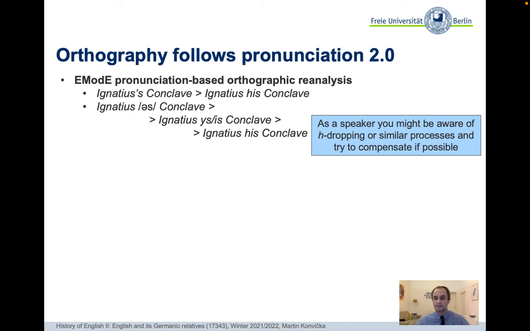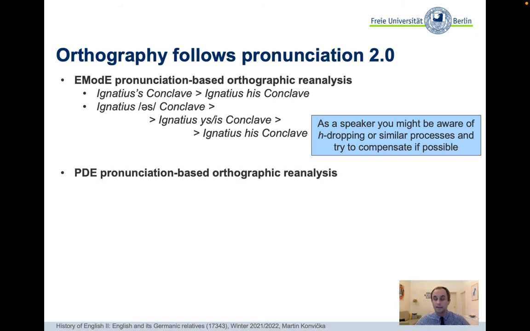Right, so as a speaker of early modern English, you might be aware of the fact that sometimes the H is not pronounced but written, and you try to compensate for that. So you know that sometimes you are supposed to write an H even though you don't really say it, and this might be the case of this his genitive, that it's not really pronounced but nevertheless written.